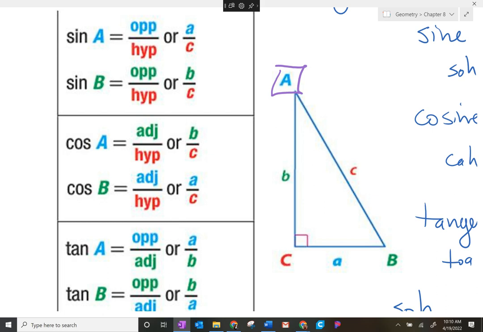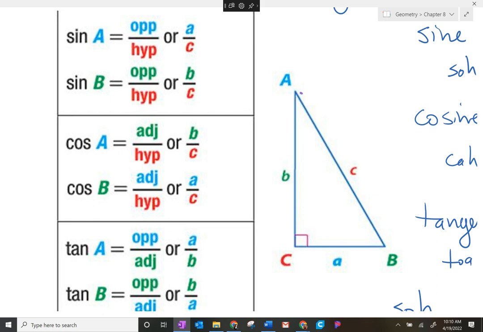I'm looking at the cosine of B, this one here. The side that's touching B would be A over the hypotenuse. And the very last part is the tangent. Tangent is always the opposite over the adjacent, so you won't use the hypotenuse at all.